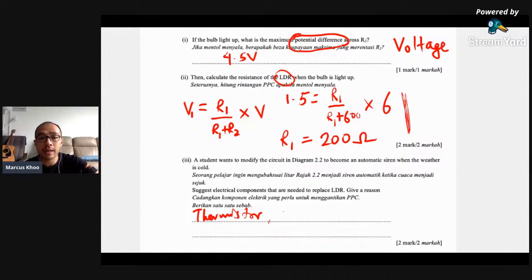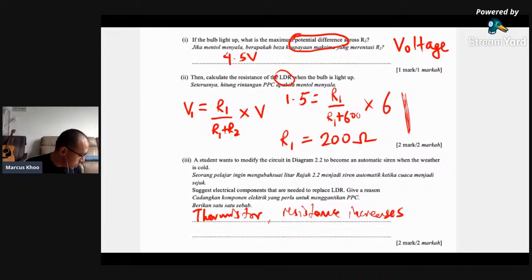Because the resistance increases. When? The resistance of the thermistor increases when it is cold, not when it is heated.